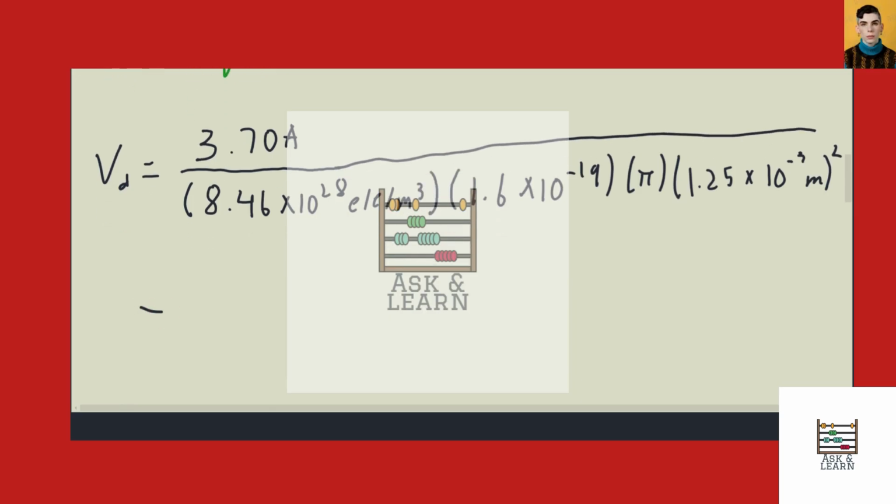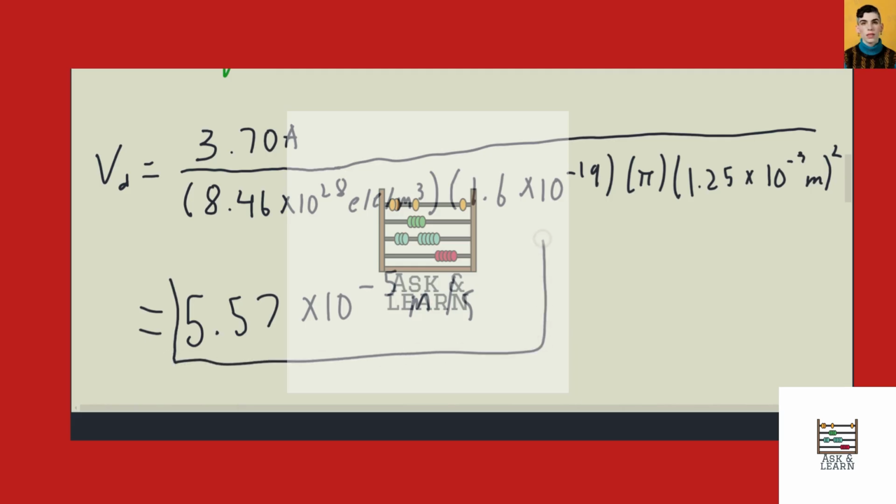And so this will give us a drift velocity of 5.57 times 10 to the negative 5 meters per second.